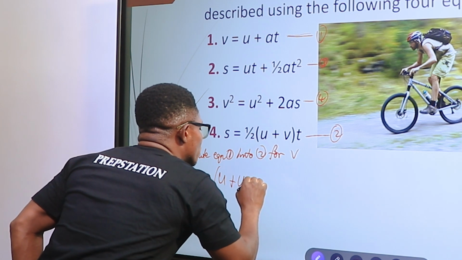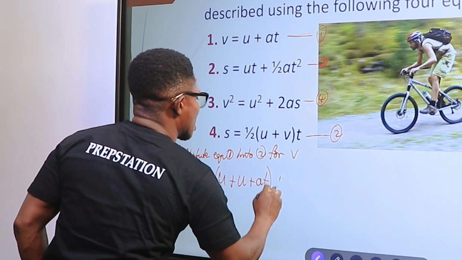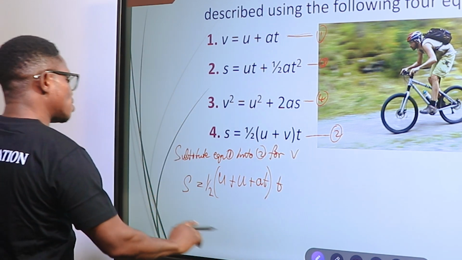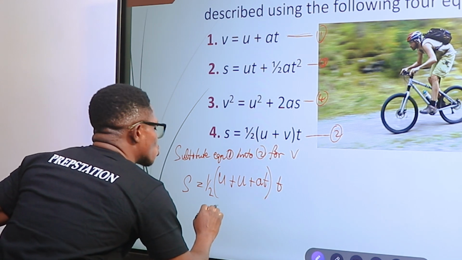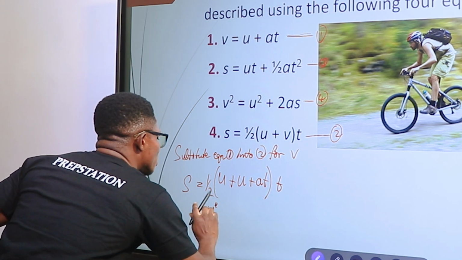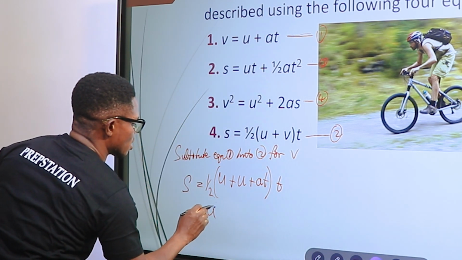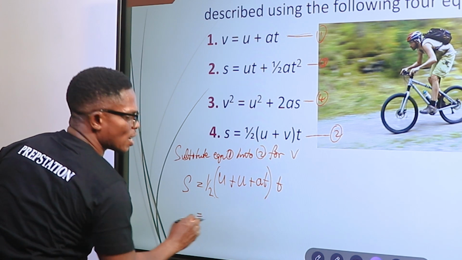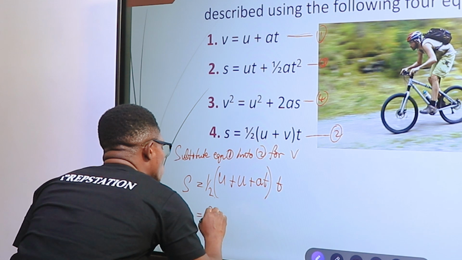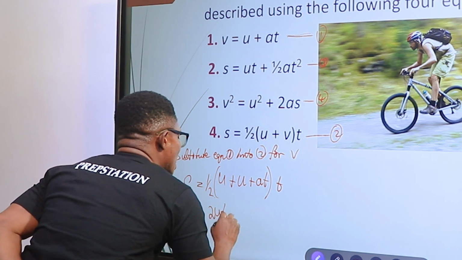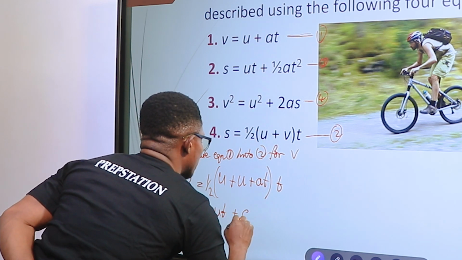So U plus AT, bracket close, and then you have the time. If you open up this bracket, you are going to get U plus U, that will be 2U T, and then plus AT squared.